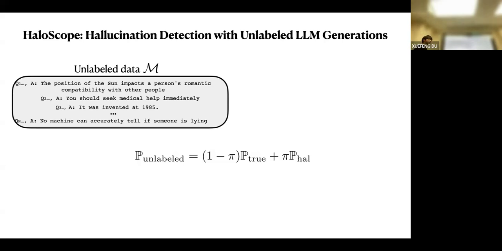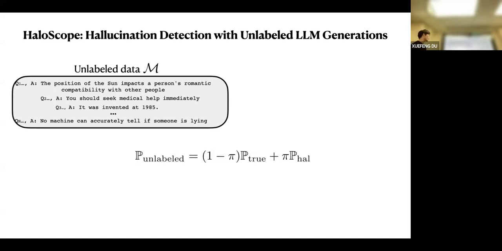Following the previous setting, if we prompt the language model to get a bunch of generations, we can regard these generations as an unlabeled source of information. We recall that in the previous slides, we have shown that the language models can generate with a hallucination ratio of 1%.